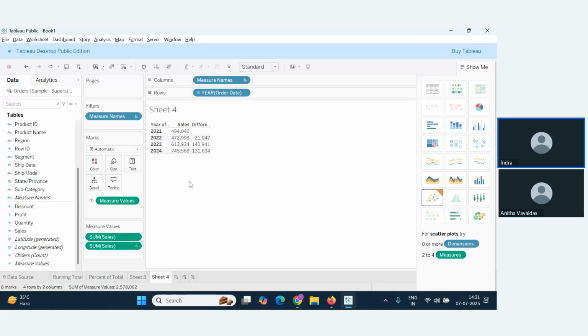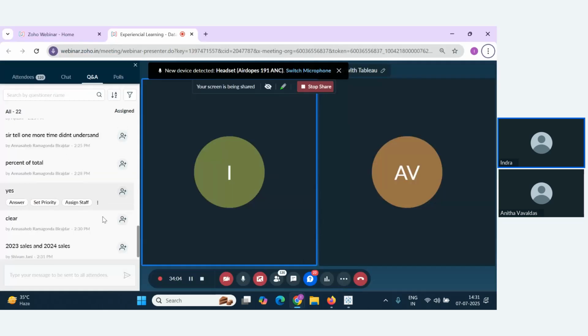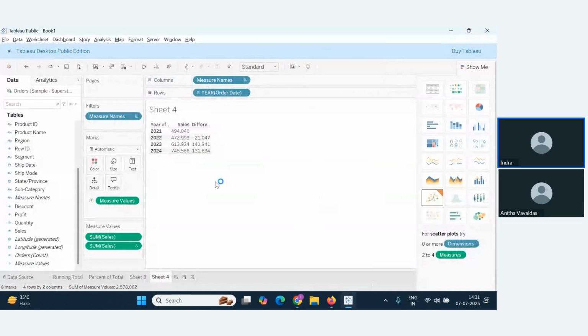See, guys, two data points which are close next to each other are the consecutive data points, right? For example, 2021 and 2022 are two consecutive data points. 2022, 2023 are the second consecutive data points. 2023 and 2024 is a third consecutive data point.